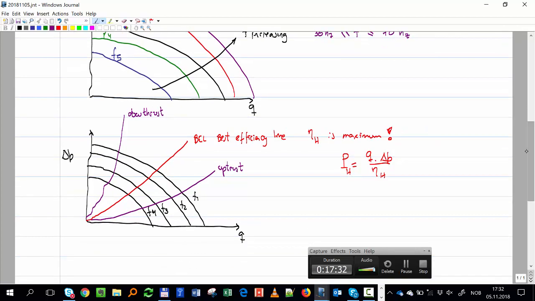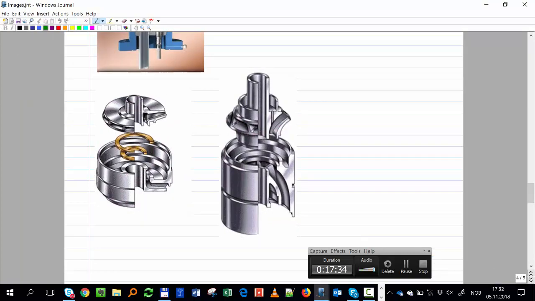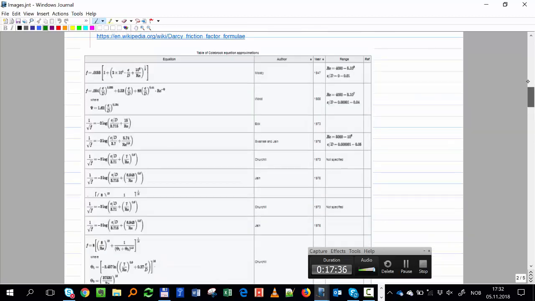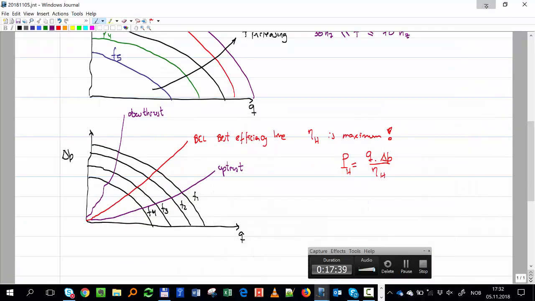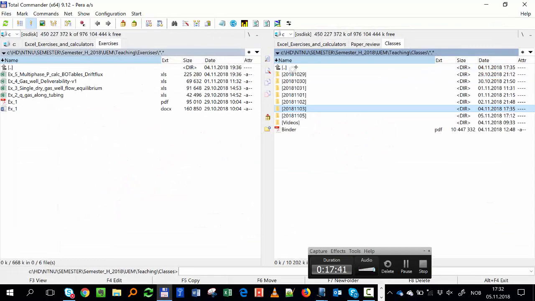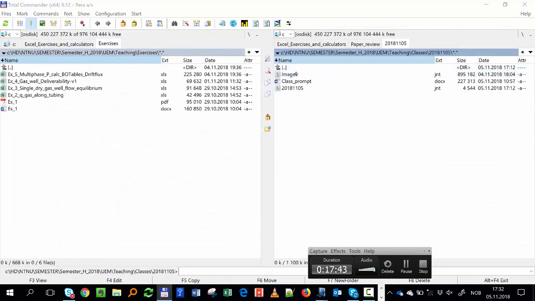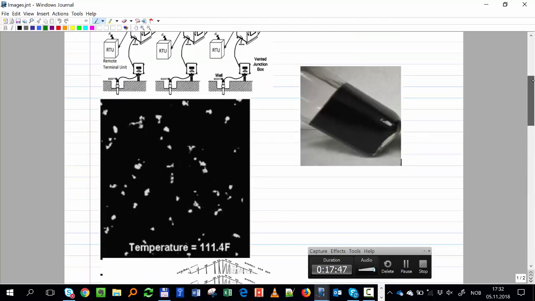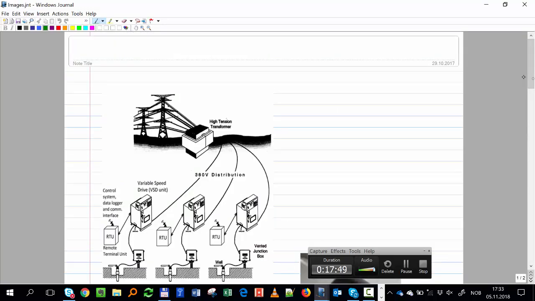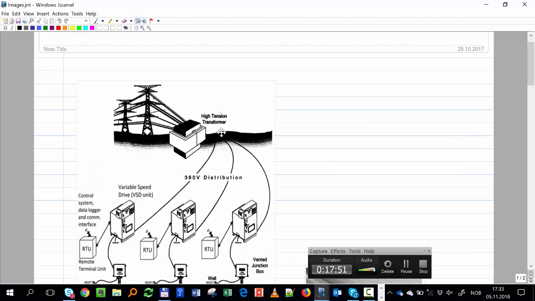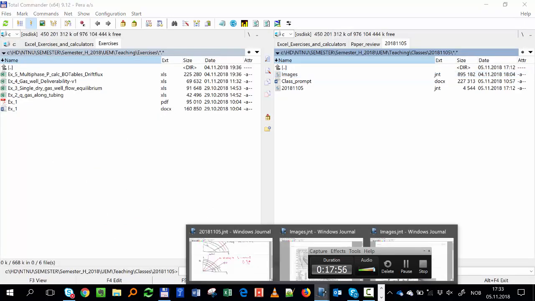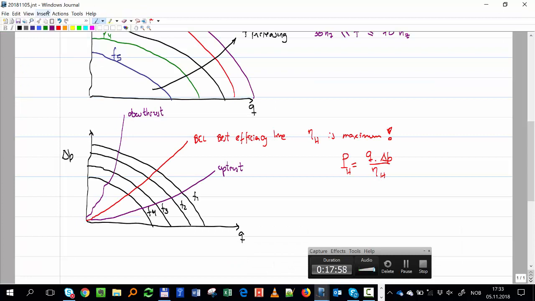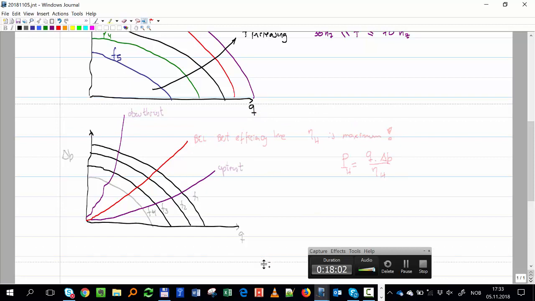And oh yeah, now I know what I was going to show you, this plot, which should be here. This is how you change frequency. We change the frequency by changing the frequency of the electric current. So let me move that down.